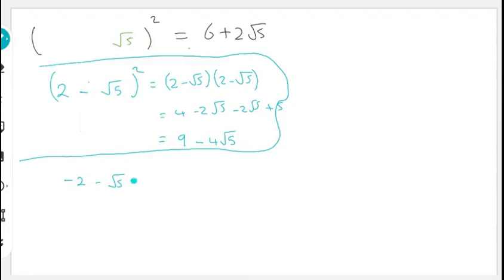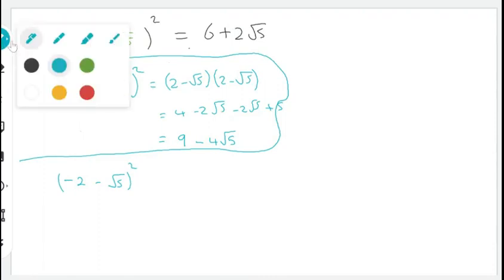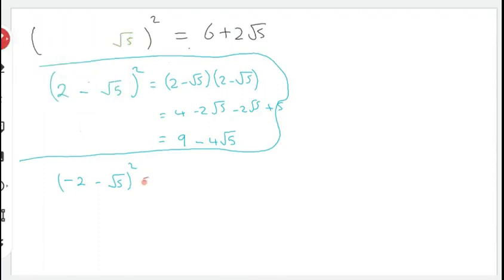So minus 2 minus root 5, and we want to square that. So we'll make that minus 2 minus root 5 times minus 2 minus root 5.